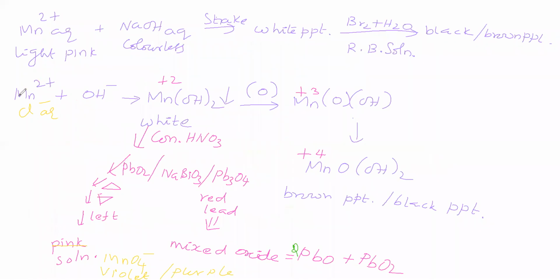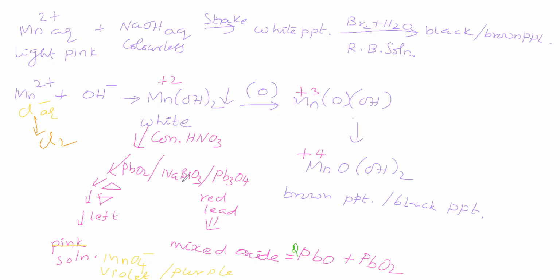If you proceed like this with the test, what will happen? Mn+2 is converting into permanganate, which is oxidation. Cl minus is also undergoing oxidation to give Cl2.